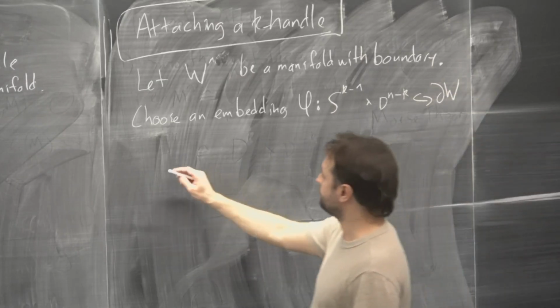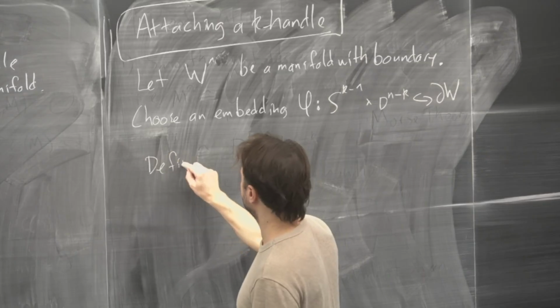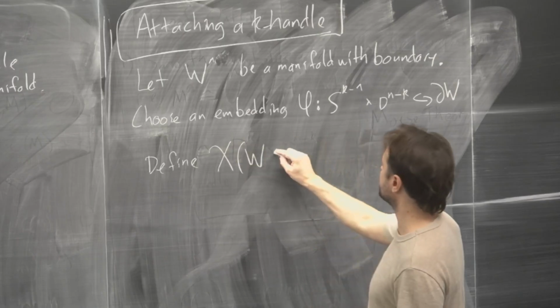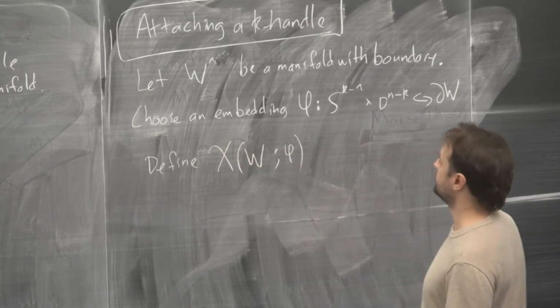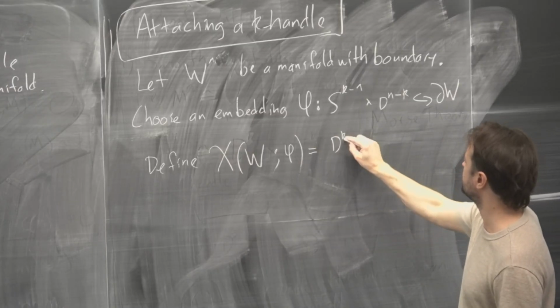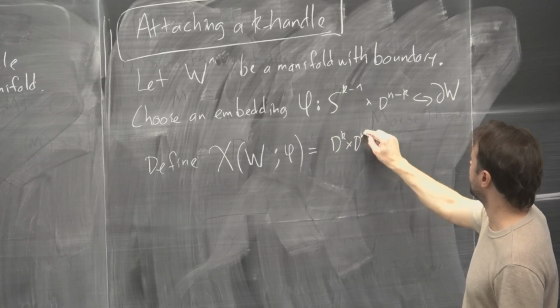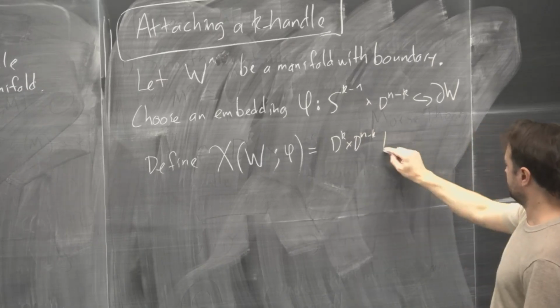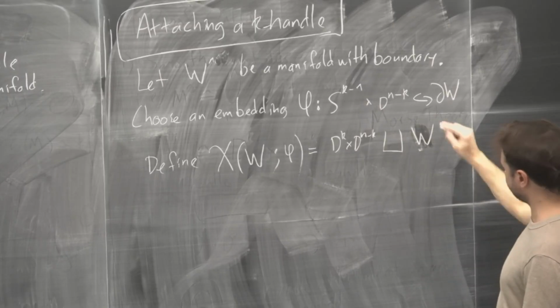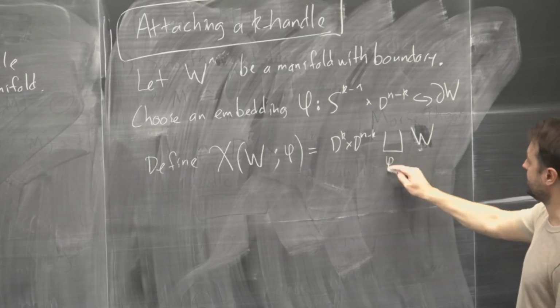And then we define the symbol. We're going to draw a chi, and the manifold we're attaching it to, and then the embedding phi. This is going to be our k-handle, D^k cross D^(n minus k), disjoint union with W, over phi.